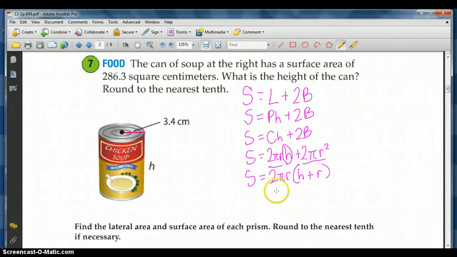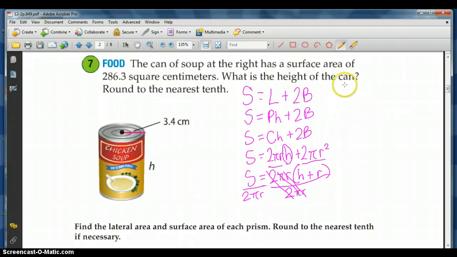So the next thing to do is to divide both sides by 2 pi r. So now the 2, the pi, and the r cancel out.